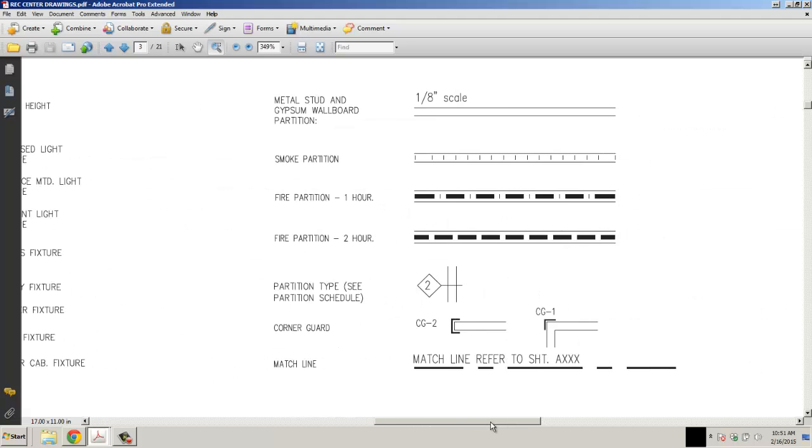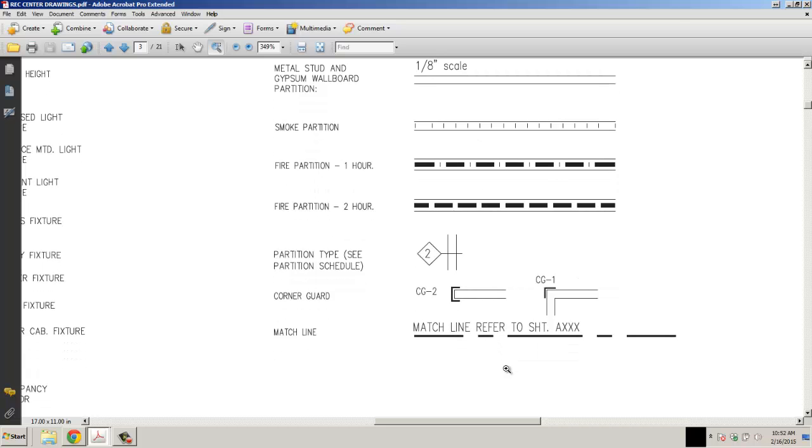If we look over here, we've got firewall partition information or smoke partitions. Match lines indicate that in order to see the drawing on a building of this size, they had to put it in 2 different pieces of paper. So you have a match line so you can put those things together if you want to see what the overall building looks like.